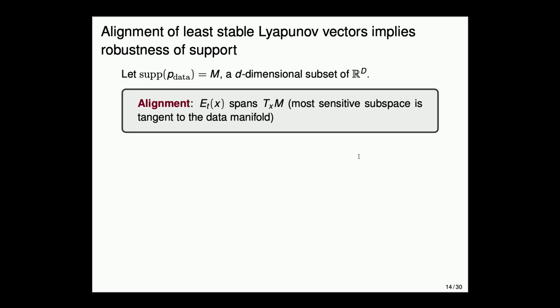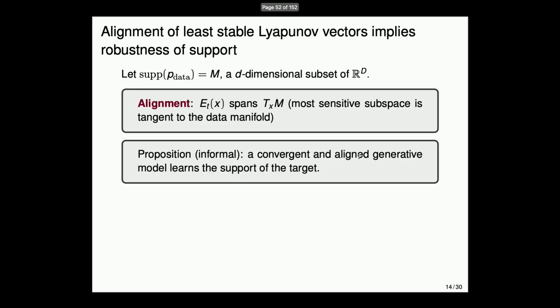But if these things are the same, then we say that the generative model has this alignment property, and informally we can prove that if you have an aligned generative model, it is convergent. Convergent here means that you have theoretical guarantees for the generative model. That means that if you make 0 error in the score, you recover the distribution, say in Wasserstein distance or TV distance.